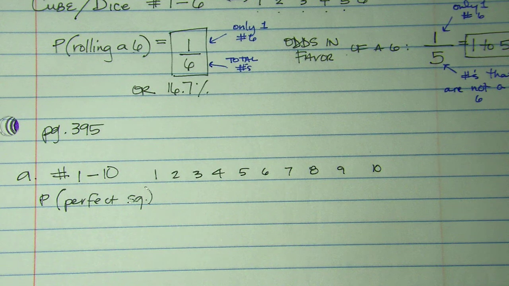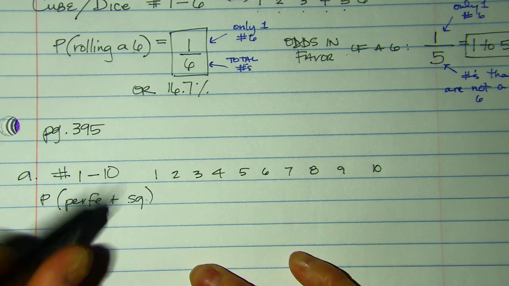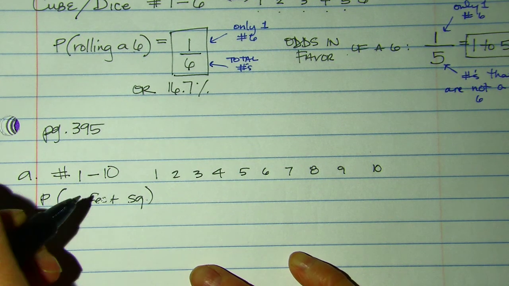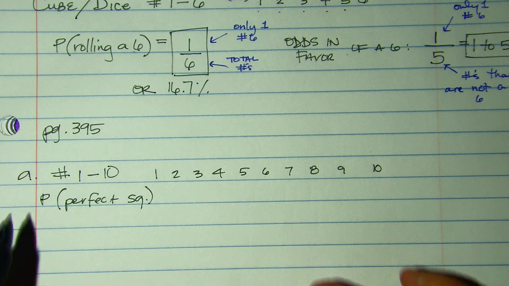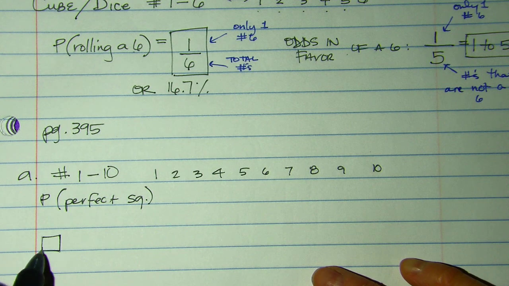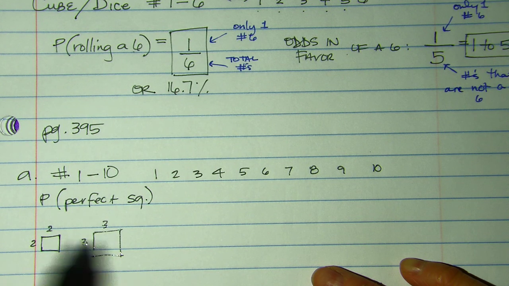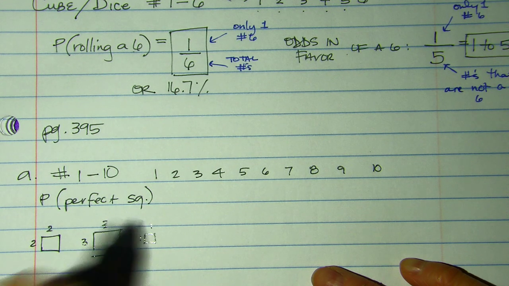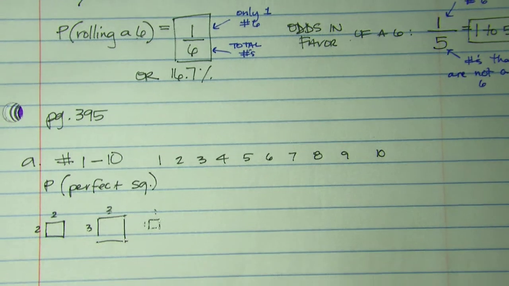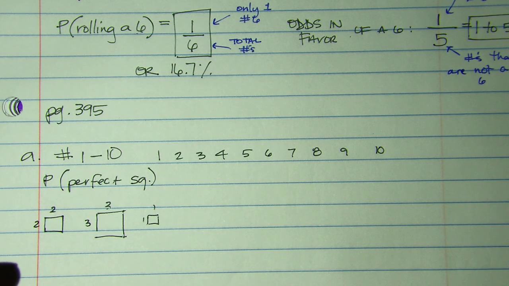Now, literally think of a perfect square. A perfect square would be like a 2 by 2 or a 3 by 3, or 1 by 1. You can literally think of it that way. The answer, a perfect square, would be the area.